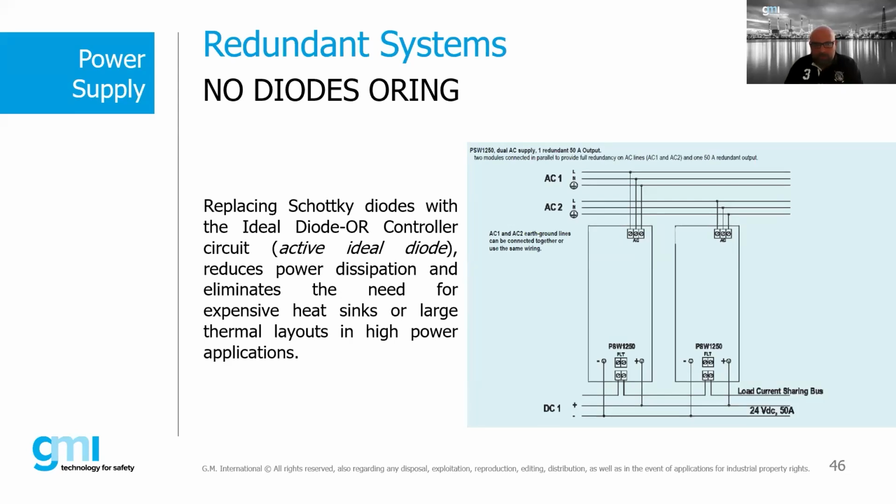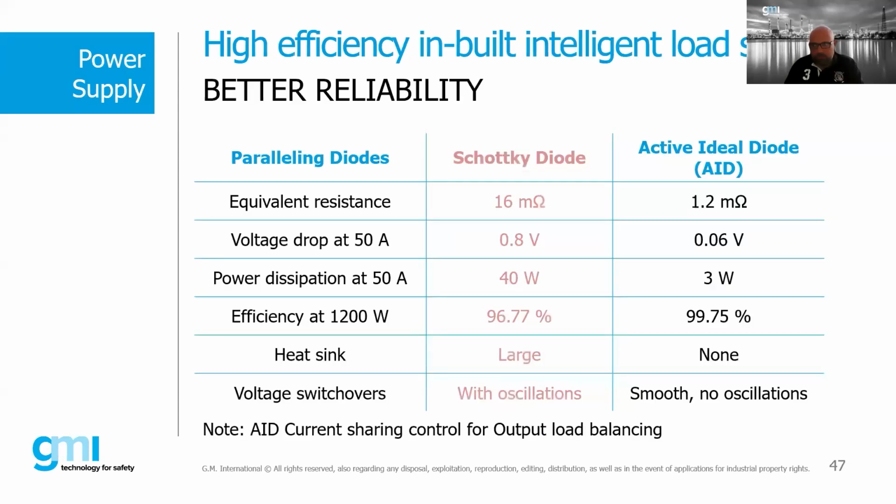In the next slide, just for a moment, we can see a list with the advantages that the ideal diode system, the inbuilt diode system in the safety power supply, brings compared to a standard power supply. Next.